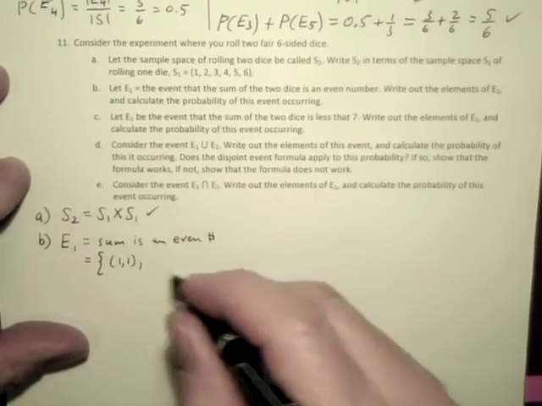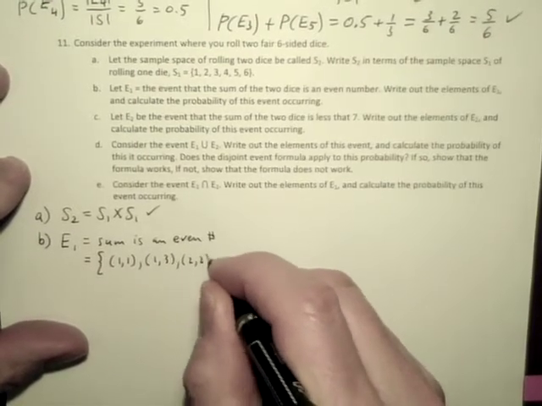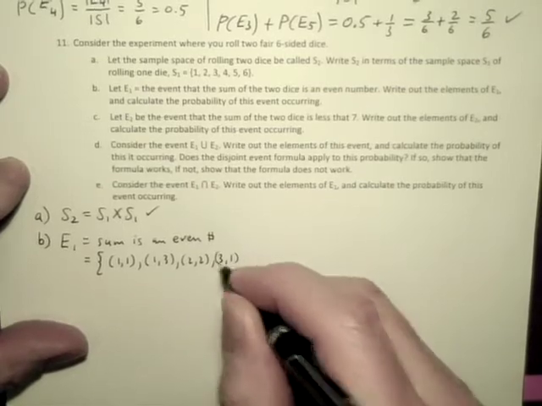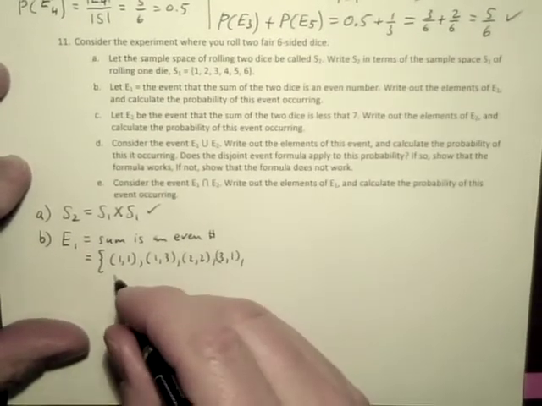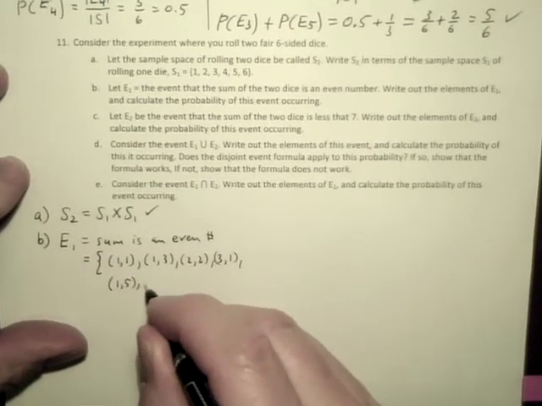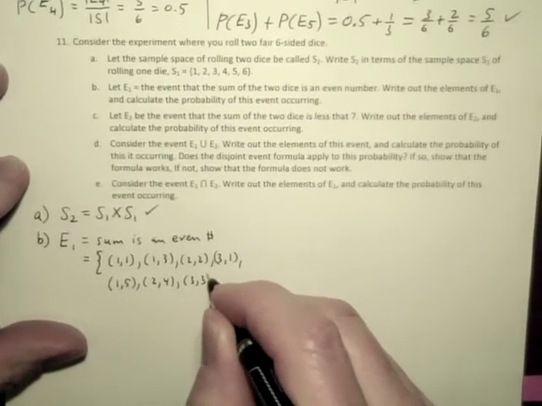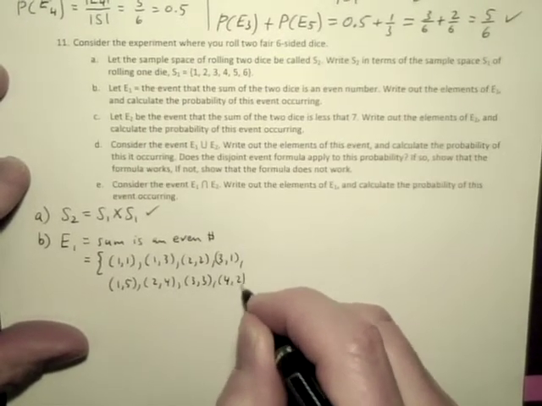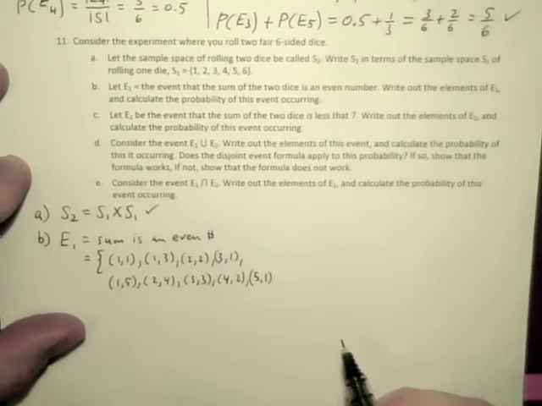Yeah, we can make a sum of 4, though, a couple different ways, with a 1, 3, a 2, 2, and a 3, 1, right? That gives me a sum of 4. How about a sum of 6? I can do a 1, 5, a 2, 4, a 3, 3, a 4, 2, and a 5, 1. That gives me a sum of 6.